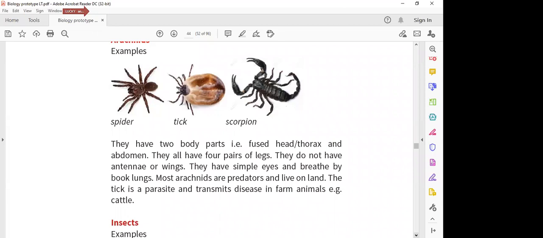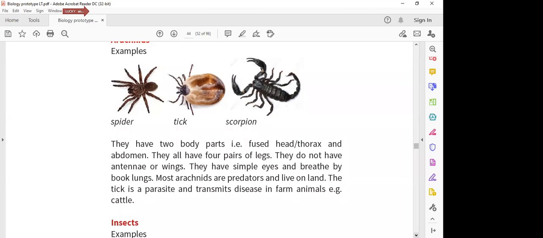Okay, you will see the pattern as we move down to insects in the number of legs for these organisms. We started from the Myriapoda, where the legs were very many. We saw millipede with 4 pairs of legs per segment. Now, if it has 100 segments or more, then you can know how many legs you have.